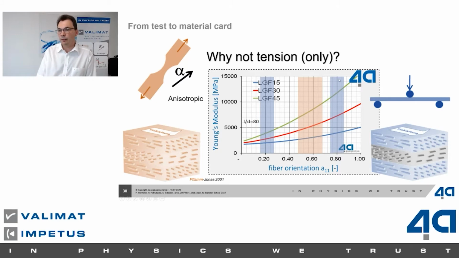So if you make a material calibration and take the fiber orientation into consideration, you have to do some interpolation or extrapolation. It's always better to interpolate than to extrapolate, because you have to keep in mind, you will never be able to make a special sample for special fiber orientations. It's just a probability to find it. So you just have the opportunity to calibrate the model and know the fiber orientation in the model, and later in the real application, that's an input from the process simulation or from an engineering judgment.